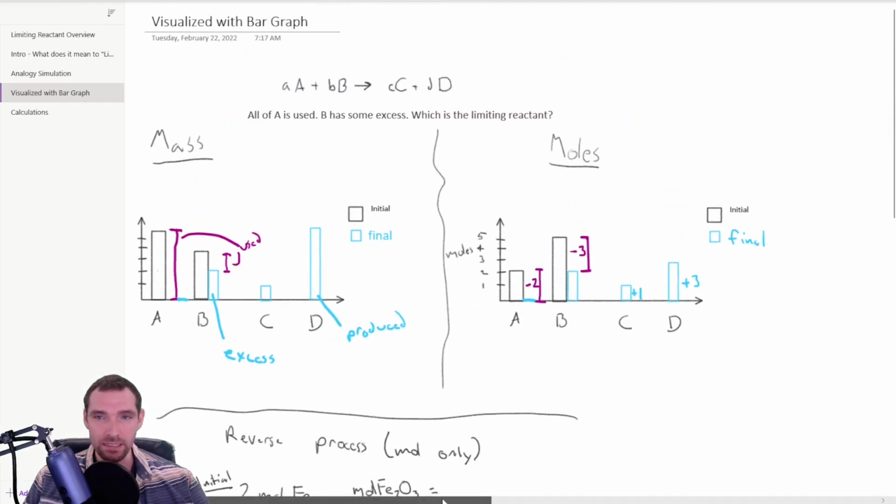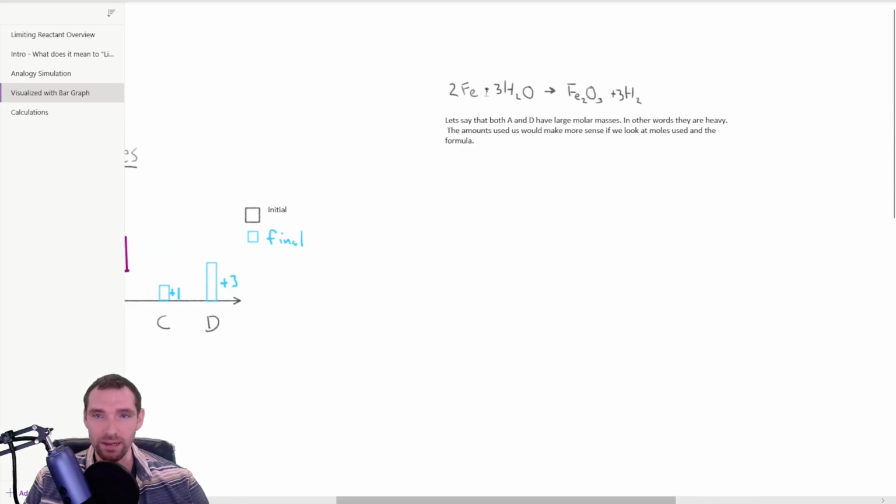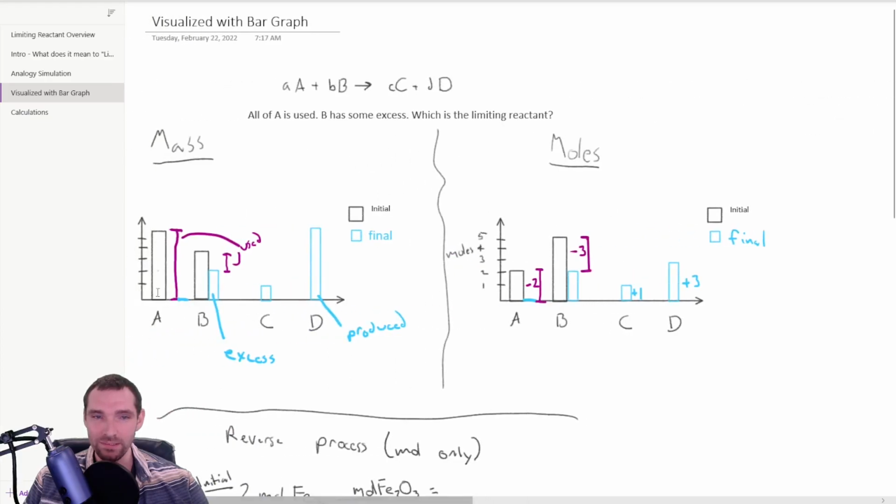And what I did was I chose to do this reaction. We've got 2 iron reacting with 3 water, and we get an iron oxide and some hydrogen gas produced. The reason I picked that was because I know that iron is a fair amount heavier than water. So I know iron's going to weigh a good amount compared to water, but it may not actually have more molecules.